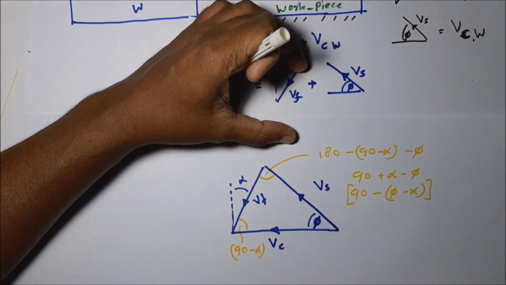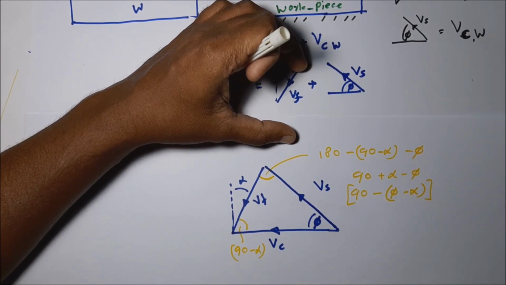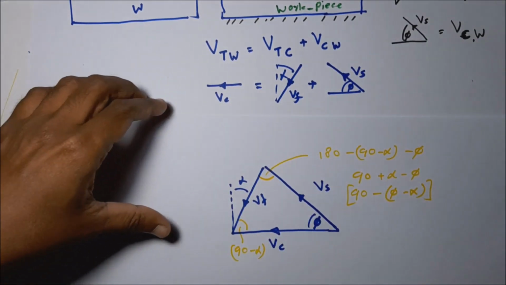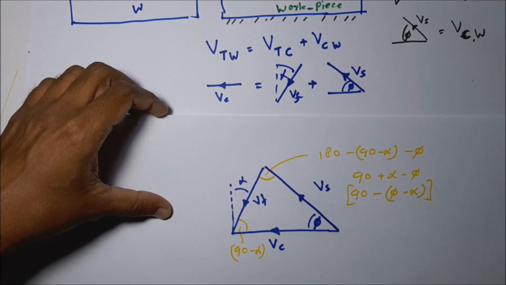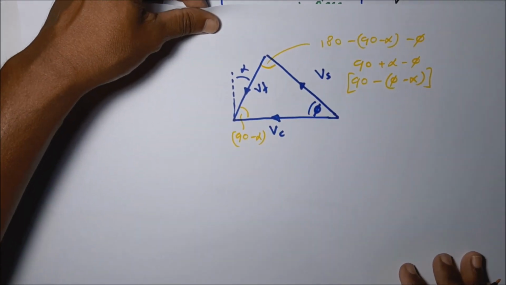Then we can apply the sine rule to relate these velocities. To this triangle I am going to use the sine rule.